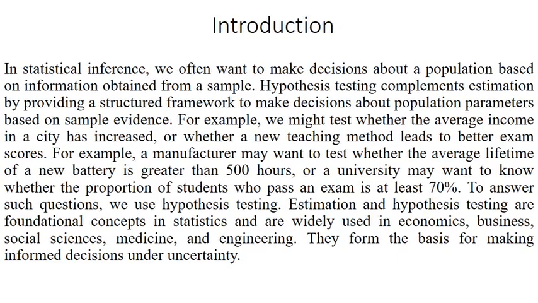I think in the last class I talked about what we mean by a sample, when we take a portion from the whole population. So when we want to make decisions about the whole population based on the information that we obtain from the sample, that is what statistical inference is all about.